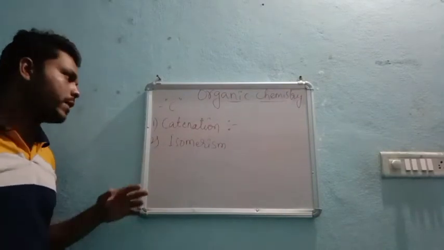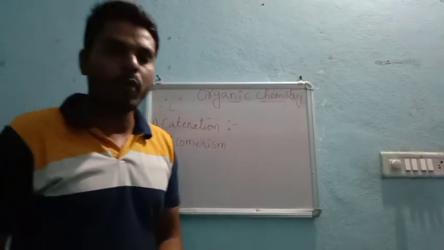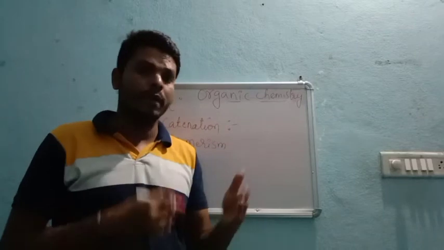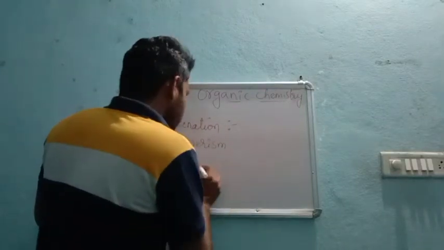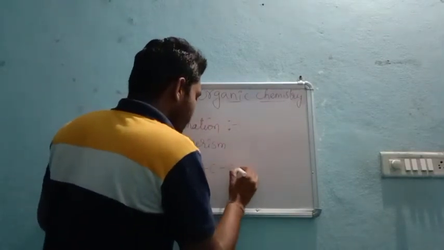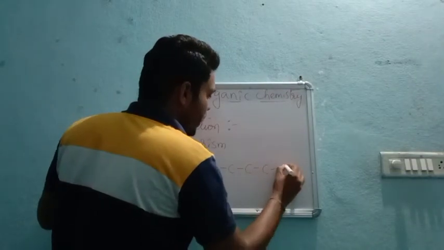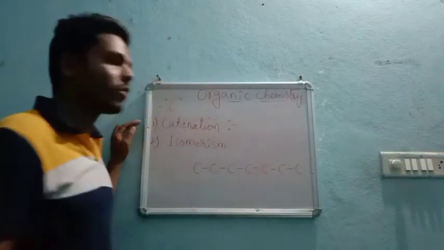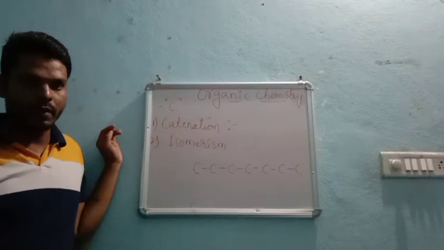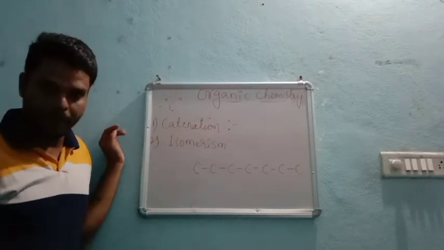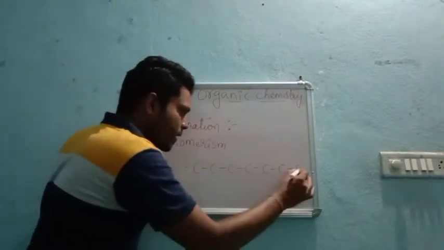Catenation means formation of bonds with the same carbon. The carbon has the capacity to form bonds with millions of carbons, right? There is no limit. So this is one special character.